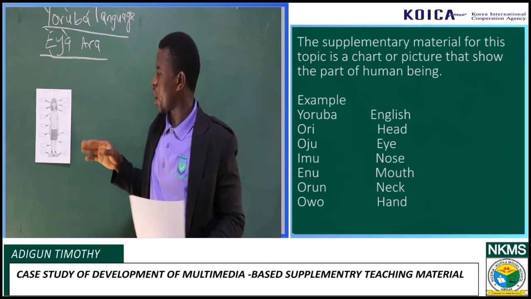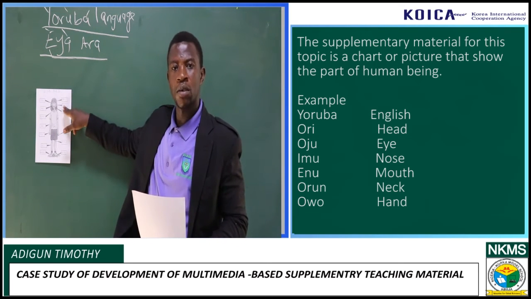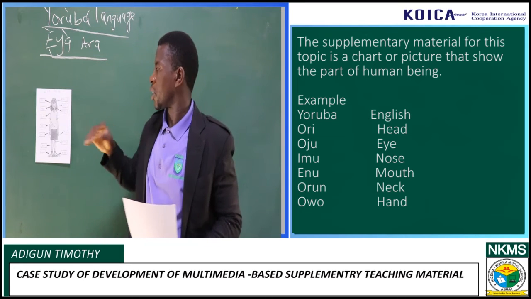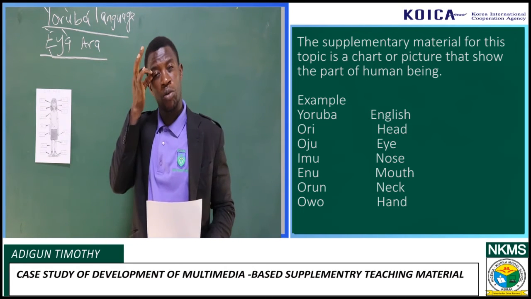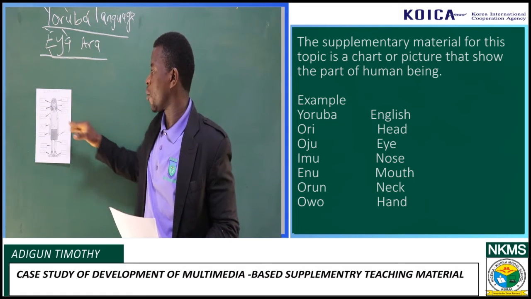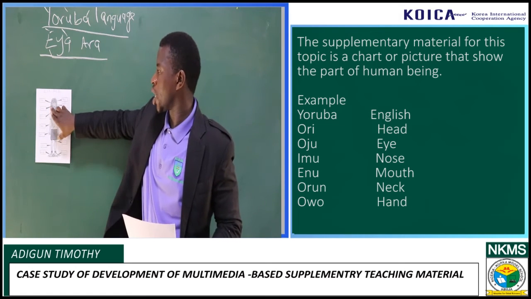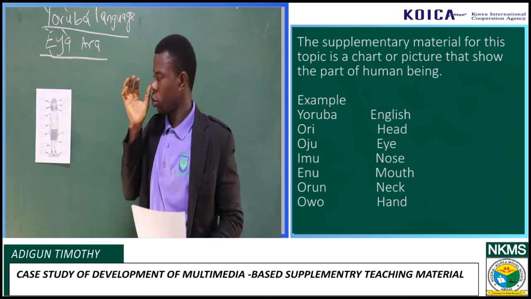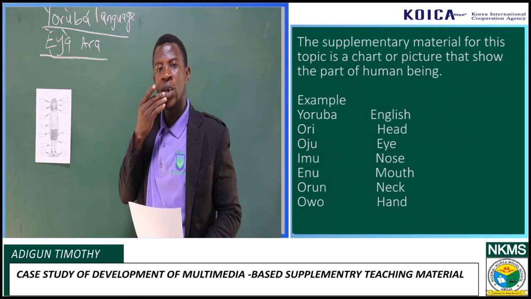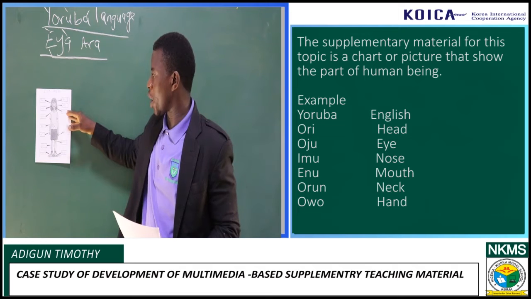From this Ori, we have Eti. Eti is a hair. Then we have Oju. Oju is eyes. Then we have Imu. Imu here is nose. Then we have Enu. Enu is mouth.